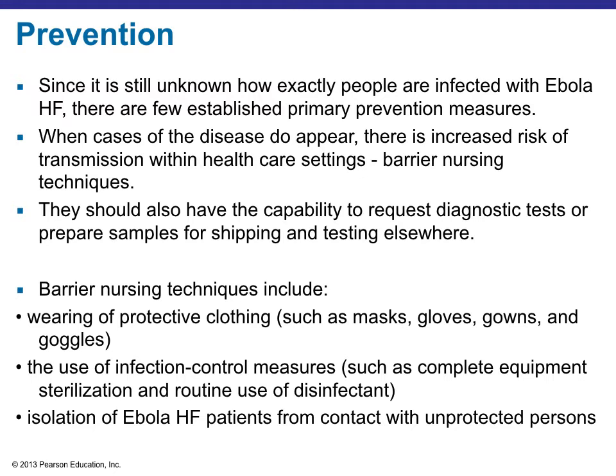There are few established primary prevention measures. When cases of the disease appear, there's increased risk of transmission, so isolation becomes important. You also need the capacity to request diagnostic tests or prepare samples for shipping and testing elsewhere where the capacity exists.